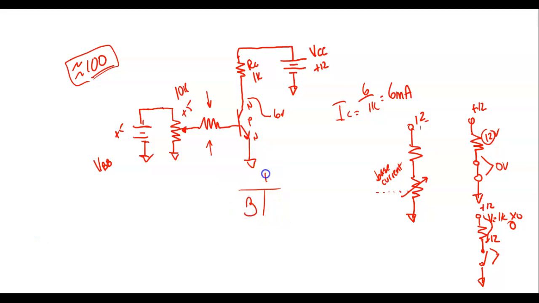So beta equals IC over IB. I just calculated my IC, so what will my base current be? What would IB be equal to? It would be equal to IC, which is 6 milliamps, divided by the beta of 100.